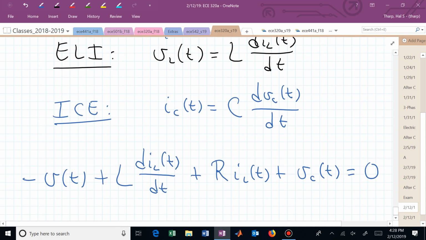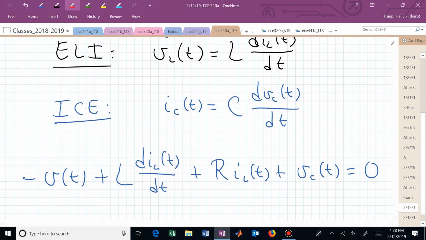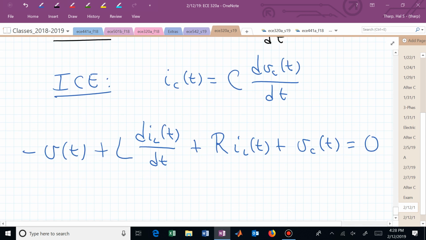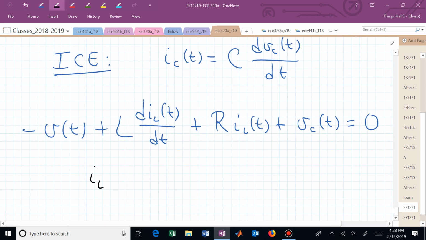But now we said that I sub L and I sub C are the same in this circuit. It's a series circuit. So if I sub L is the same as I sub C, now we can get rid of that I sub L there and here by replacing it with an expression in terms of the capacitor voltage.